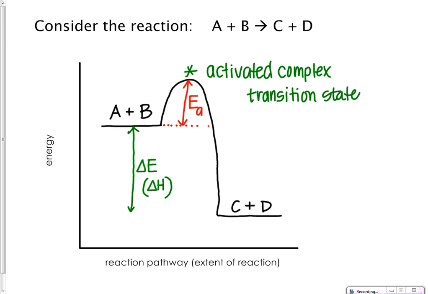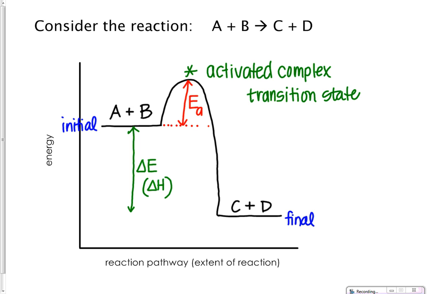Okay. Now, this reaction that I've shown you is exothermic because of the amount of energy given off. This amount would be the final amount of energy. This amount up here would be your initial amount of energy. And final minus initial would give you a negative value. Okay.